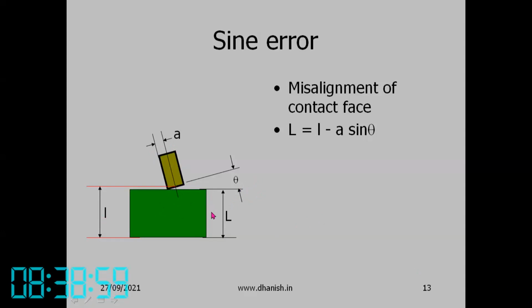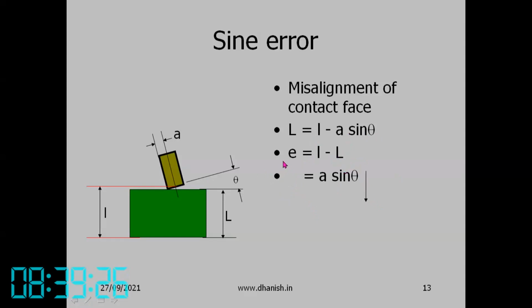Then capital L equals small l minus this small triangle. Theta is this angle, so the vertical distance is A sin theta. So the measurement error E equals the measured quantity value l minus the true quantity value L. So capital L equals l minus A sin theta.